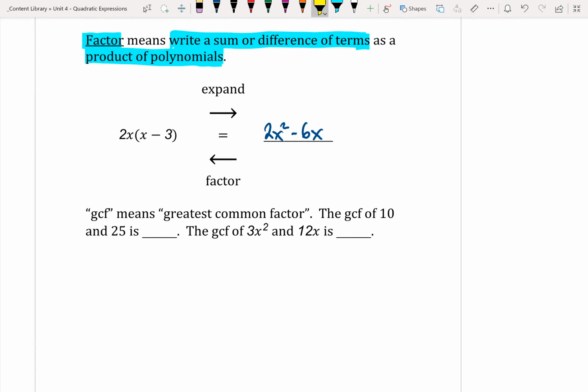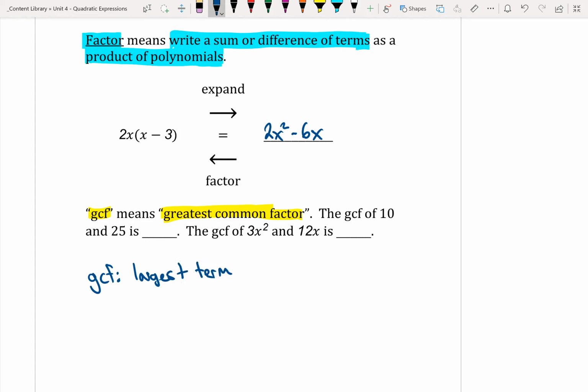Another term I want to be aware of is the GCF, or the greatest common factor. And again, we've seen this term before. GCF, or the greatest common factor, is the largest term.